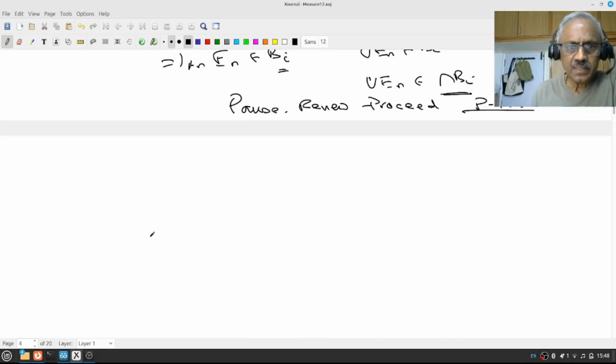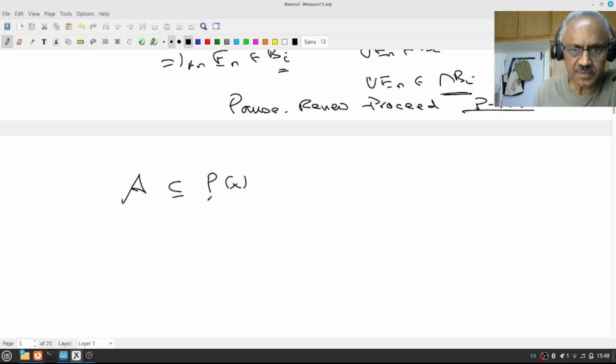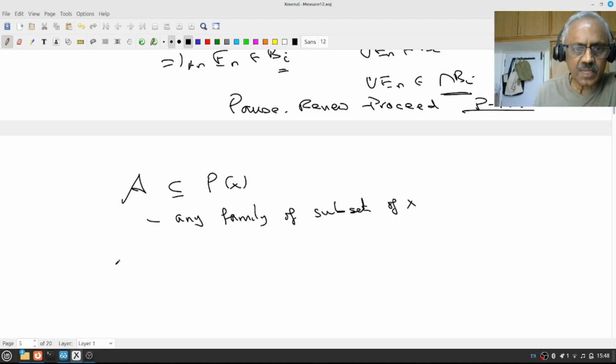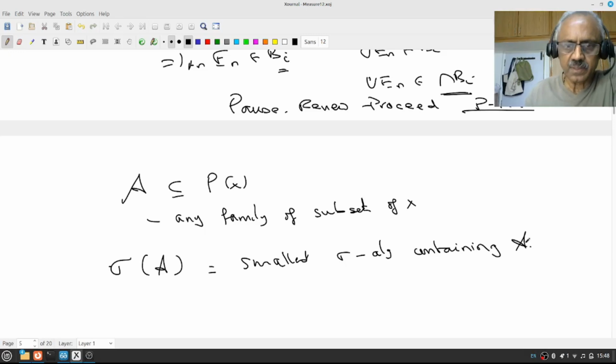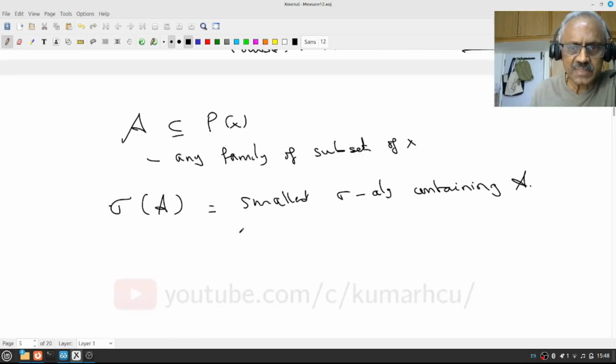So if A is a class of subsets of the power set of X, any family of subsets of X, then I can talk about the smallest sigma algebra containing this. Why does it exist?